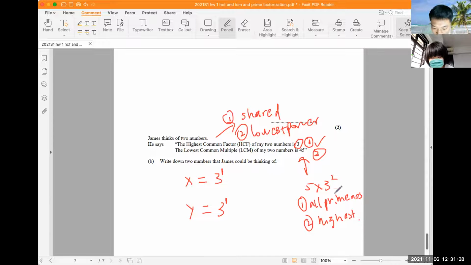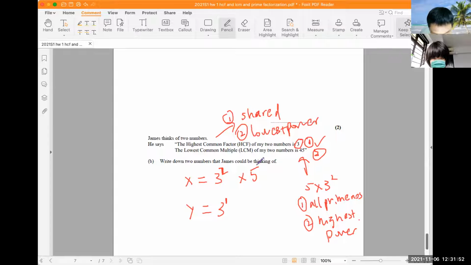Good. So you know that it must be 3 to the power of 2, so one of these must be 3 to the power of 2. Let me pick X to be 3 to the power of 2. And then one of them has a 5.